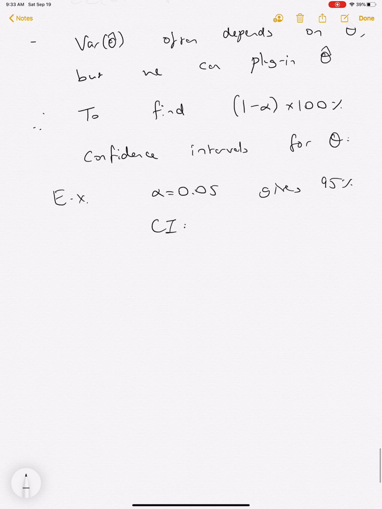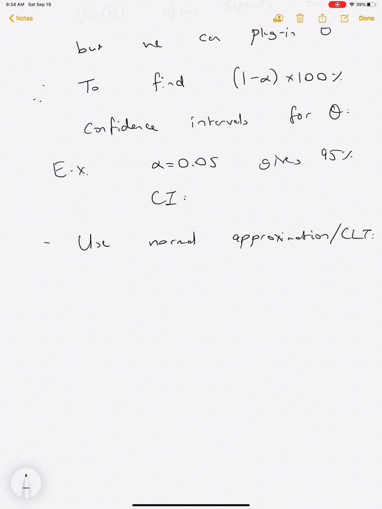Then using the normal approximation, the central limit theorem, we can do that by saying that theta is going to be theta hat plus or minus z alpha over 2 times the standard error of theta hat.